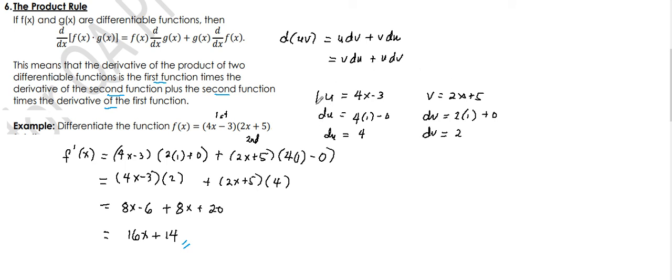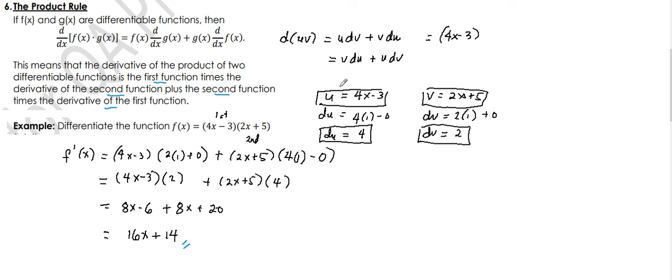Okay? Now, isa-substitute lang natin itong mga value na to para makuha natin yung derivative. Okay? So, we have our u is 4x minus 3. Then, our dv is 2 plus our v is 2x plus 5 and our du is 4.